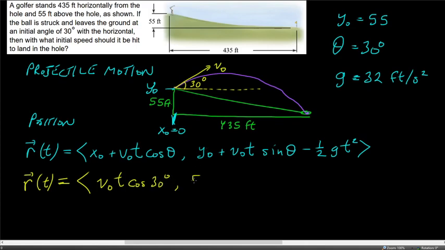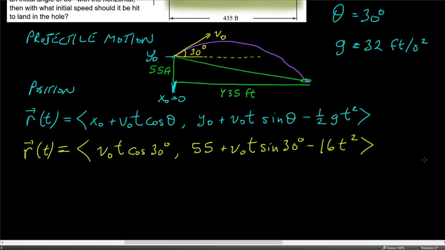All right, so y0 is 55. Again, v0 we don't know, t we don't know. Sine of theta, we know theta is 30 degrees. And then 1/2 times g, 1/2 times 32 is 16 times t squared. Okay. So that's our position vector.